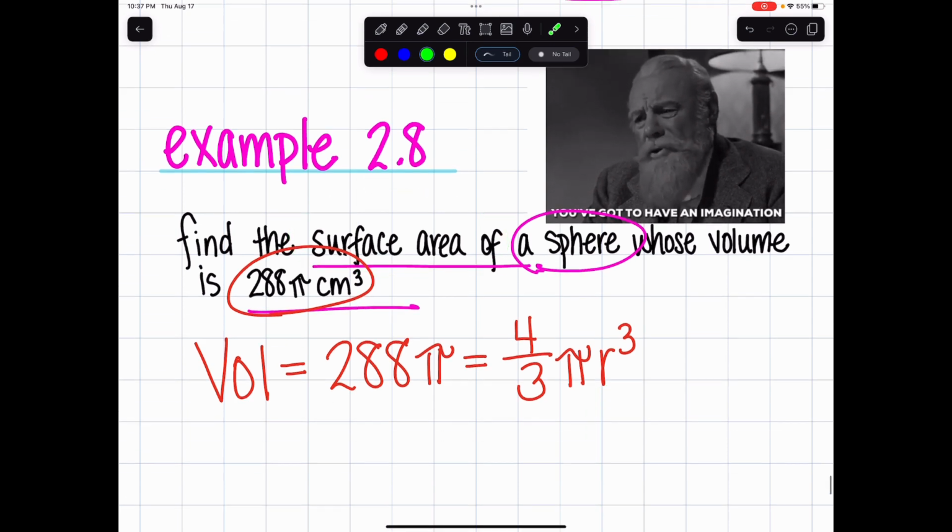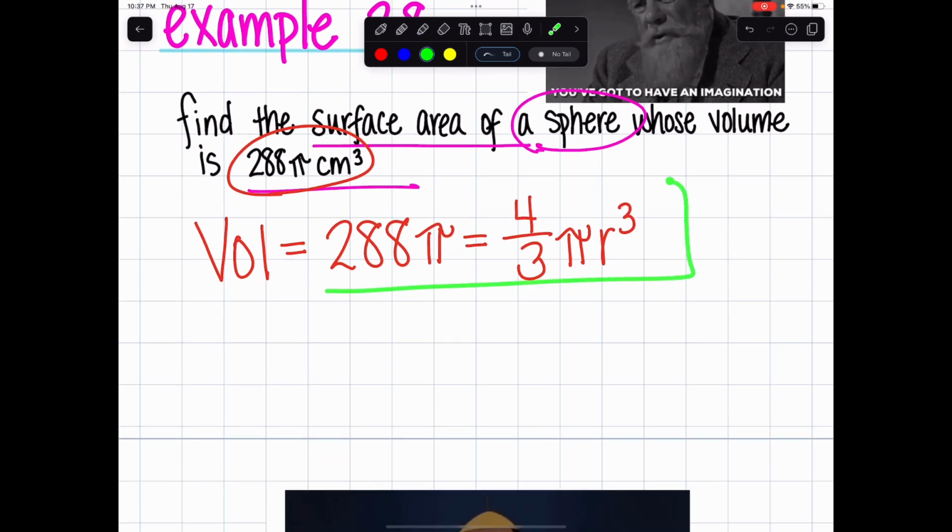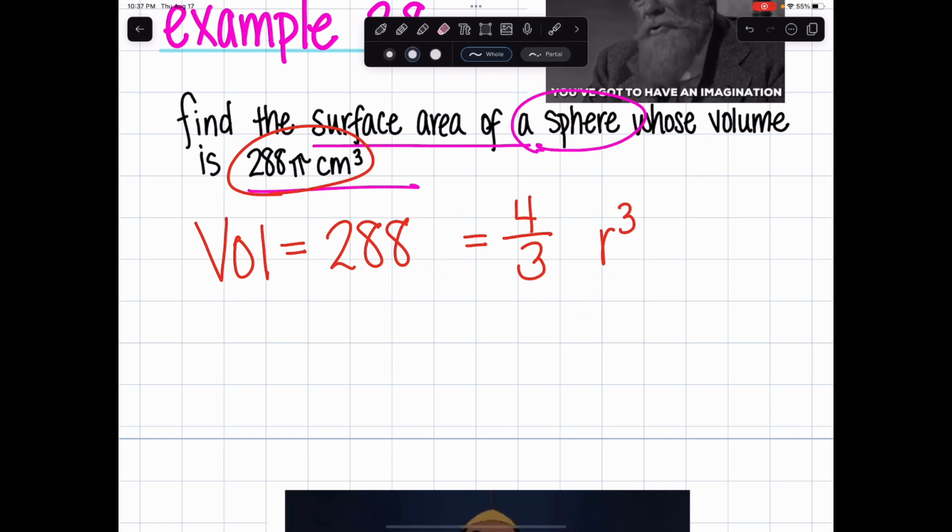Does that make sense? So now I've got this equation. It looks complicated, but check it out. The pi's cancel out because you can divide each side by pi. So let's just erase the pi. That's sad. If I multiply both sides by 3/4, then that cancels out.